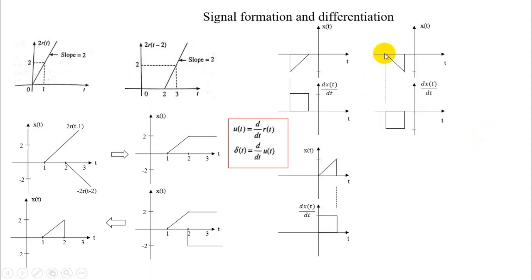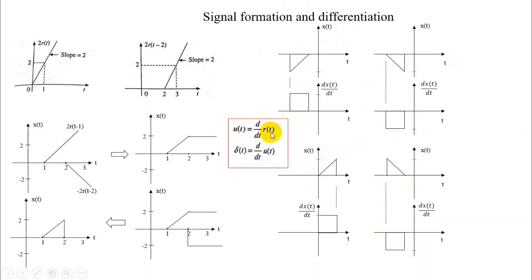However, if we have a negative slope, we actually get the unit step on the negative axis, and in a similar way, if we have another negative slope, we will get the derivative on the negative side. So basically, I tried to explain the derivative of some particular cases.